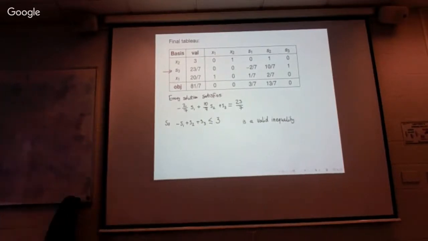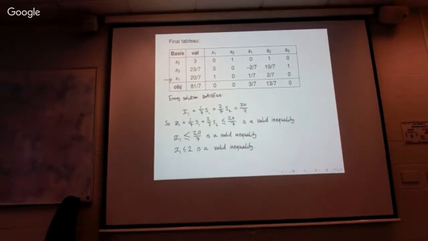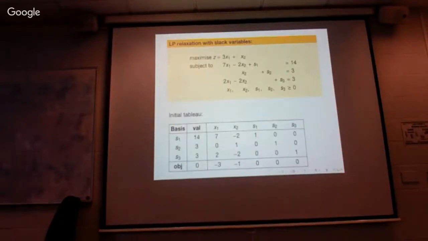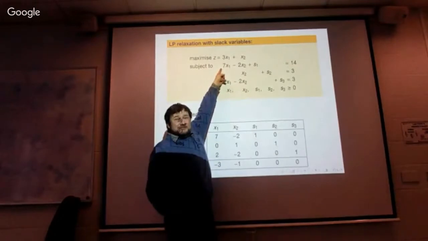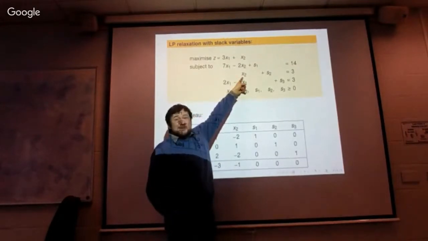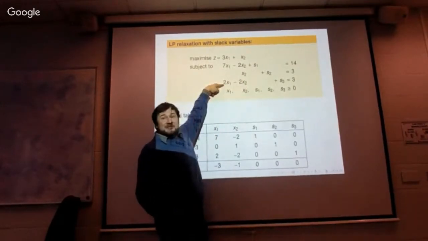I go one slide back. This equation tells me what S1 is, this equation tells me what S2 is, and this equation tells me what S3 is. So I can substitute.